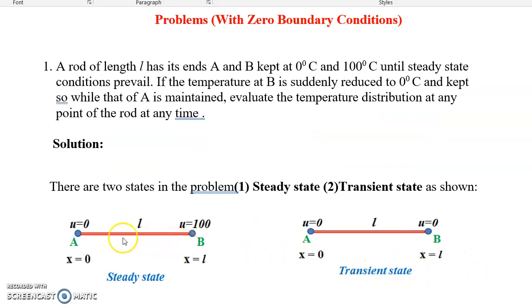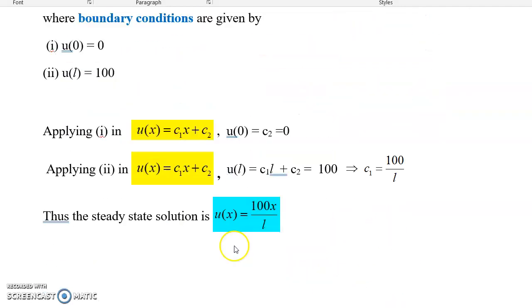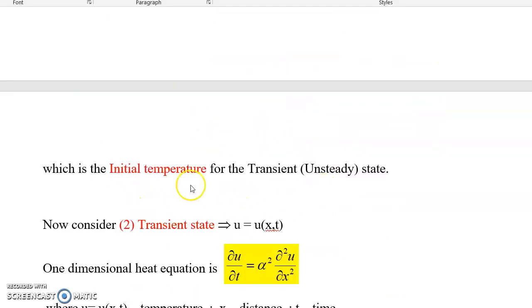Suppose we have the first 3 hours as steady state and the transient state starts at the 4th hour. Till the end of the 3rd hour, the temperature will be 100x by L, and this will be the starting or initial temperature for the unsteady state.